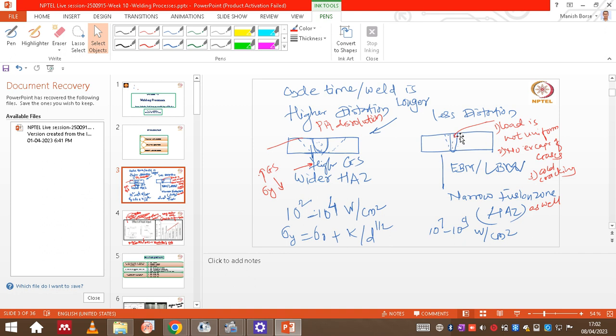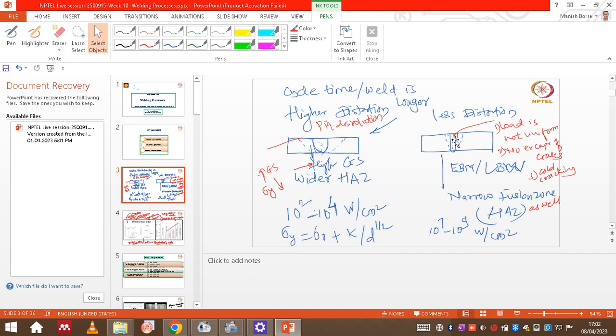So this process is very advantageous for joining thicker plates, and it also causes lower distortion compared to conventional welding processes.